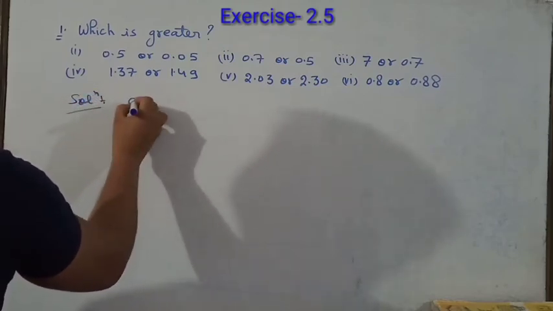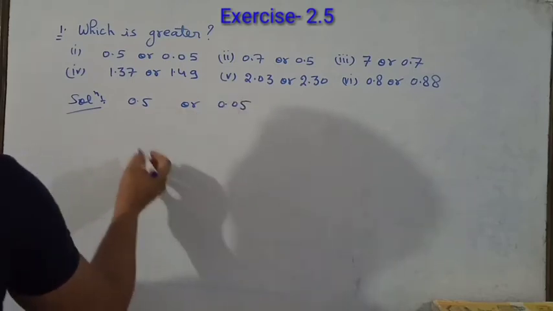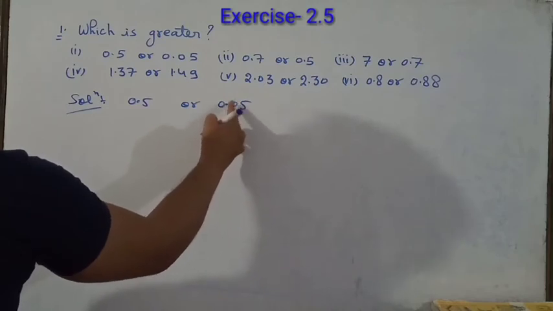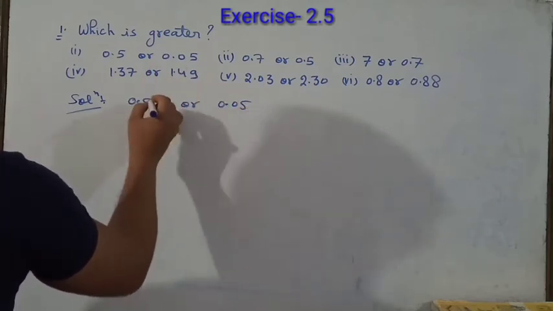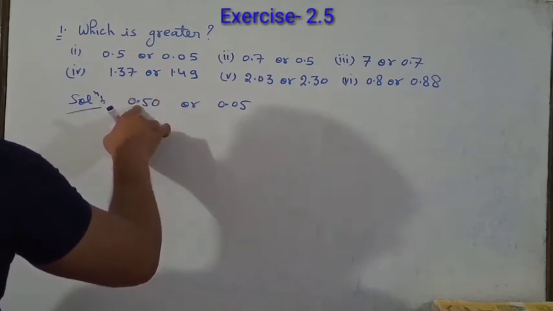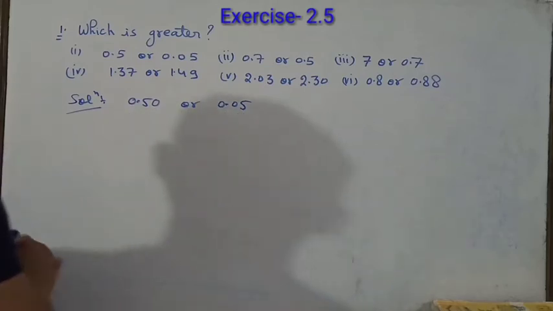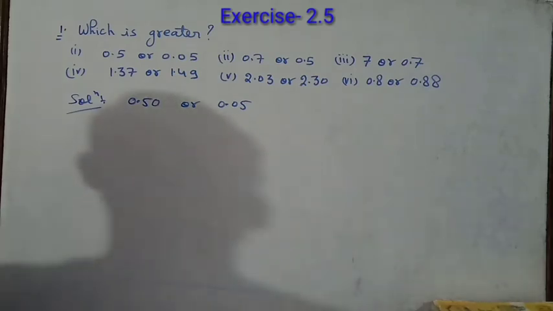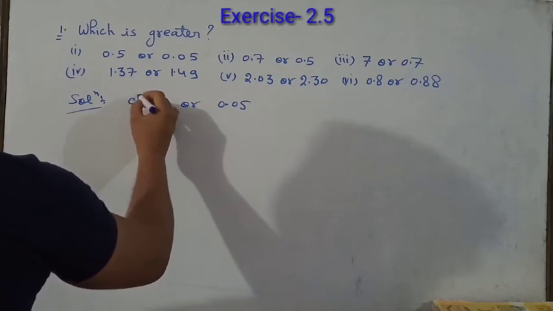The solution is 0.5 or 0.05. Here there is 1 decimal digit and here 2 decimal digits. So we will use a 0, only 0. Put 1 zero, so 0.50 and 0.05 both have 2 digits after the point. This is the first process. After that, we can forget the decimal.